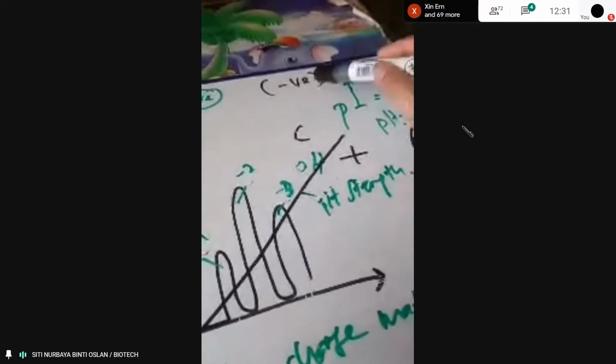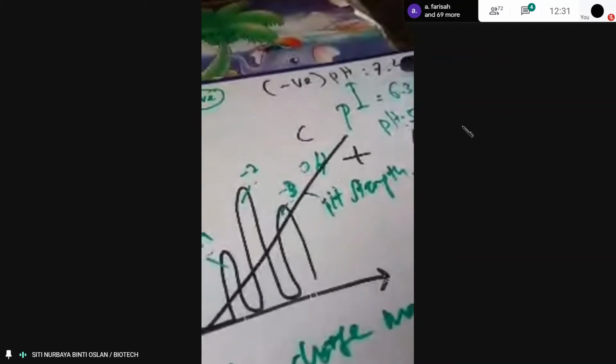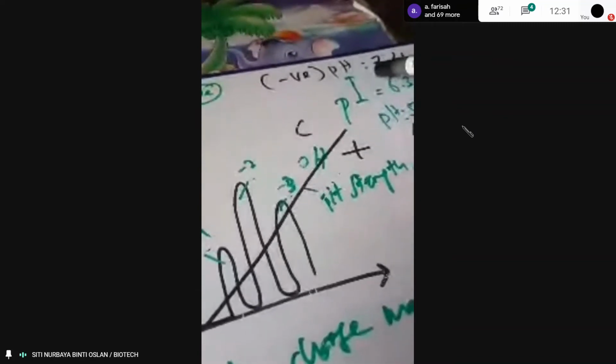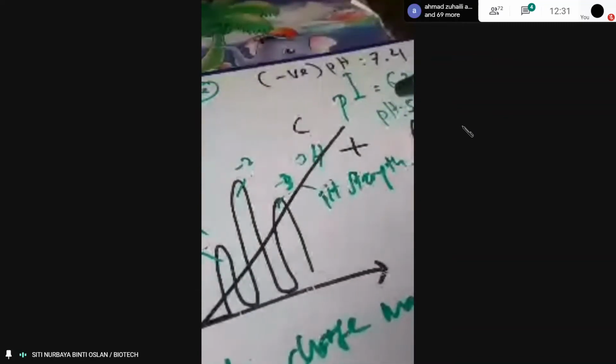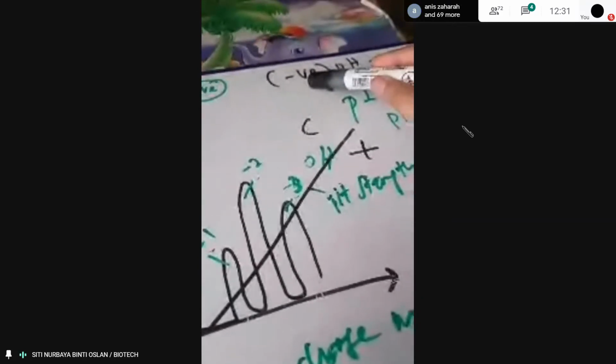So if you have tried 7.4 and it's not good, then if there is nothing in the peak, okay, maybe 7.4 is really too negative. I'm going to reduce this to pH 7. pH 7 will make this T1 lipase negatively charged, but not as strong as at 7.4.